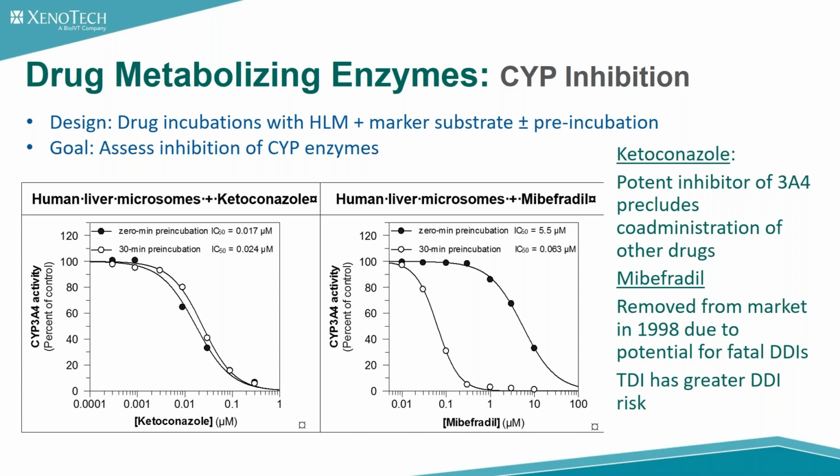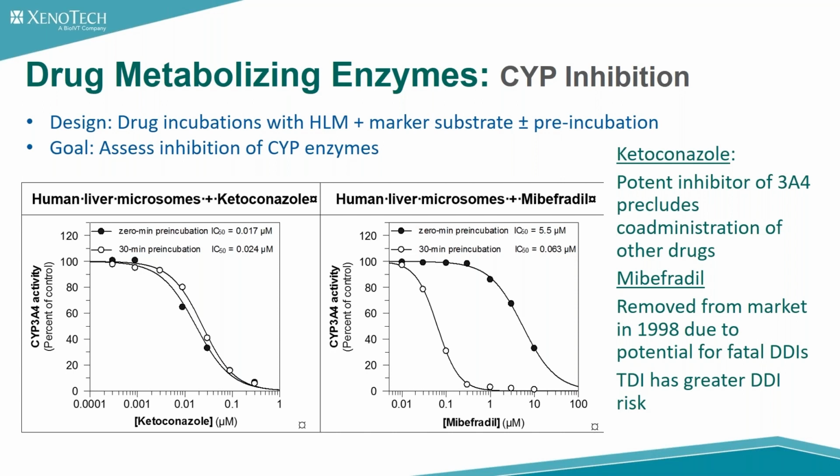In the dark circles is the 0-minute pre-incubation treatment, where the drug and the marker probe substrate are added to the reaction at the same time. Or the open circles, which is the 30-minute pre-incubation, where the drug is incubated in the test system, generally human liver microsomes, for 30 minutes prior to the addition of the marker probe substrate.